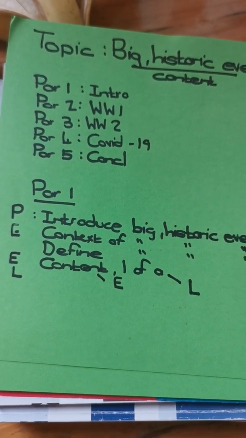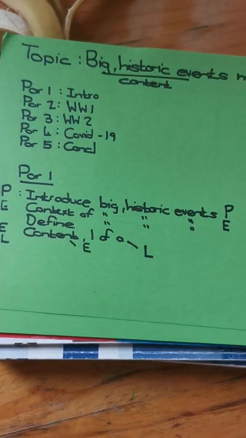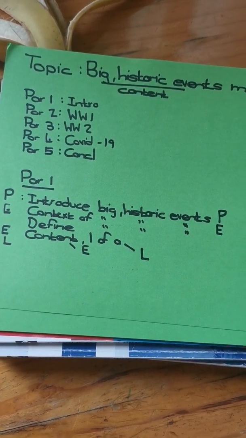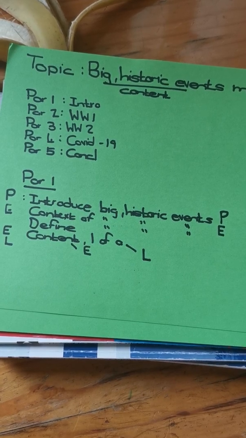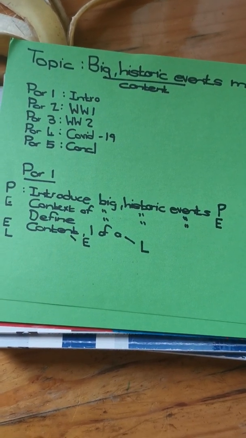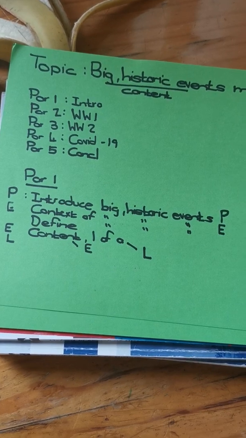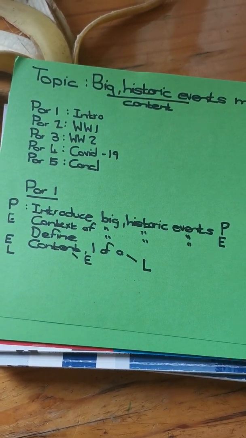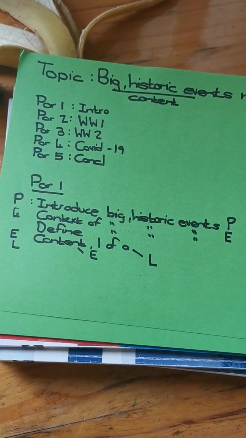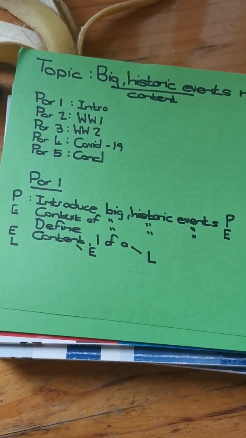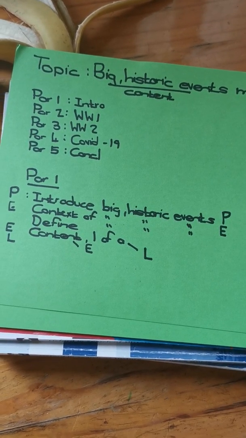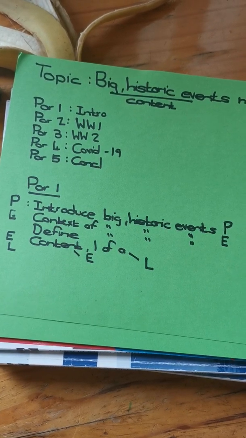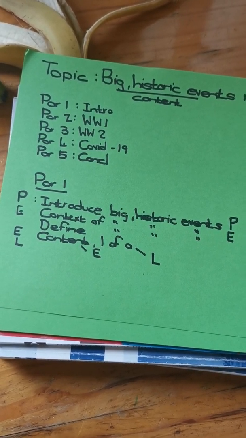Okay, so what would paragraph 1 be? It would be the introduction. So our point is that we want to introduce big historic events. That would be our main thing that the paragraph is going to be about. I could even say the point is introduction. Then I'm going to give the context of the big historic events. In other words, I'm going to say that World War I was in 1917, World War II was in 1939, COVID-19 was in 2020. And so that is my context. I'm going to define some content.